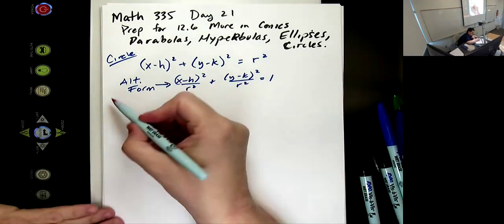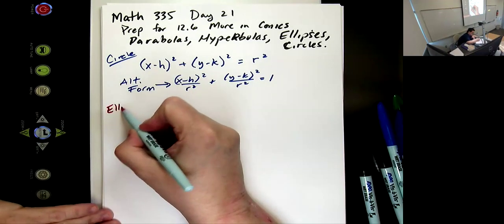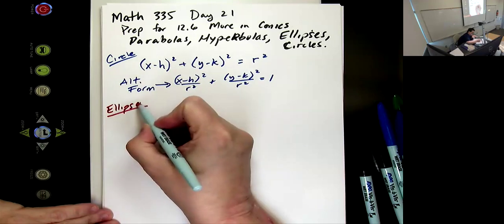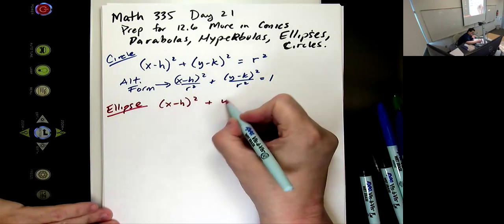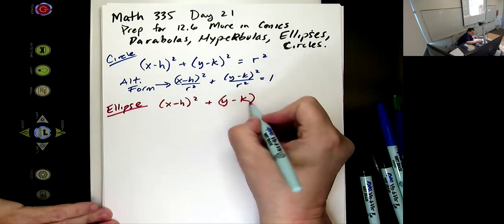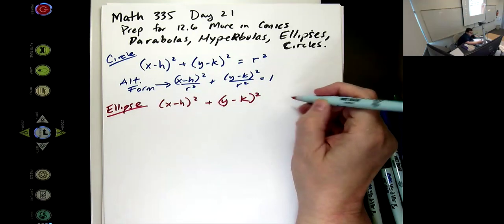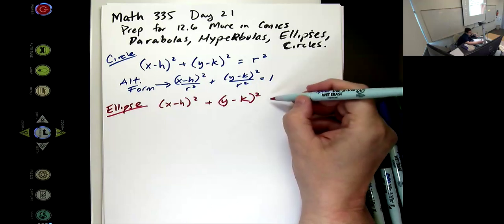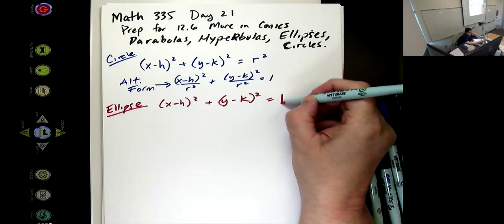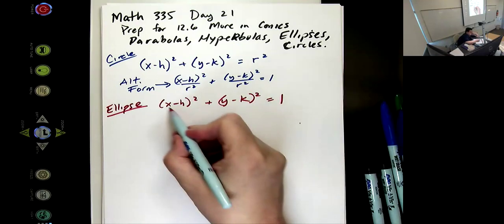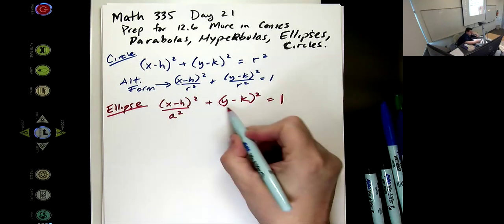What about our ellipse? It's the same: (x minus h) squared plus (y minus k) squared, equals one, over a squared and b squared.